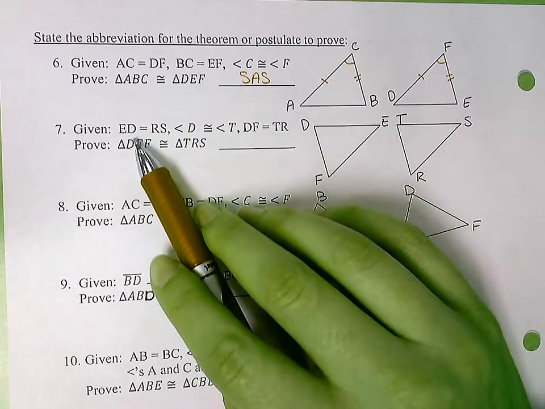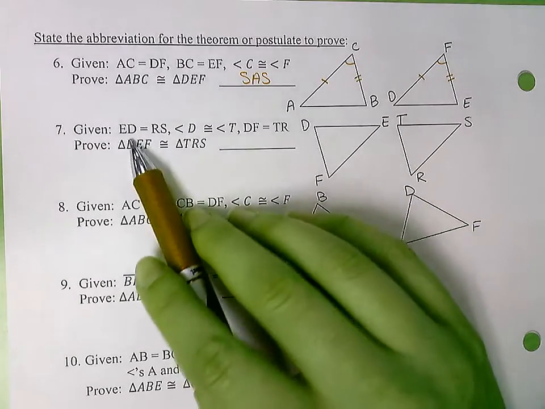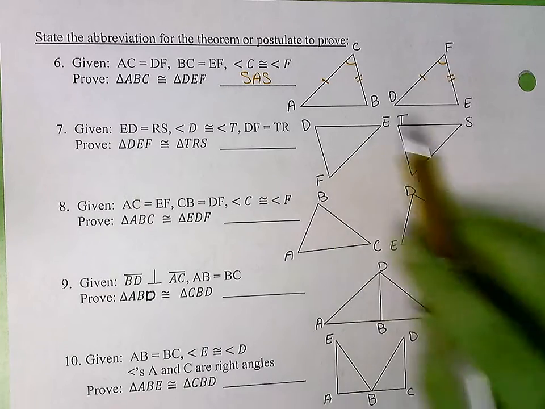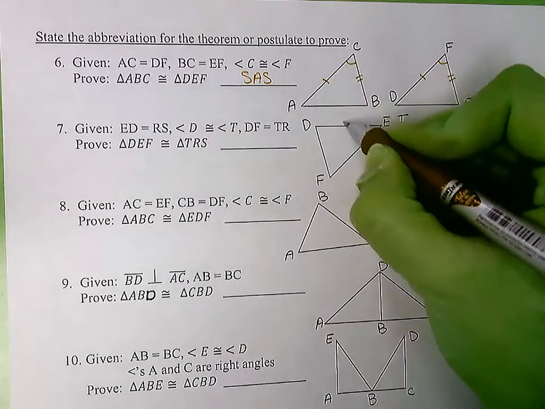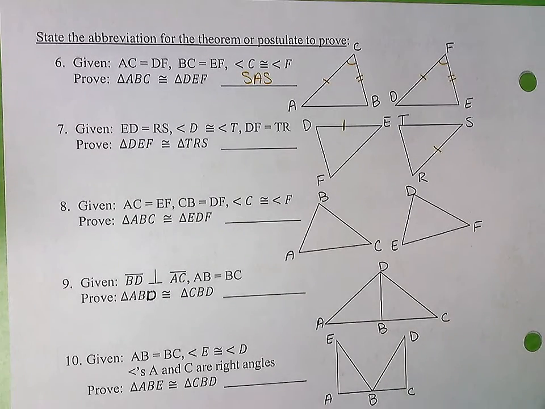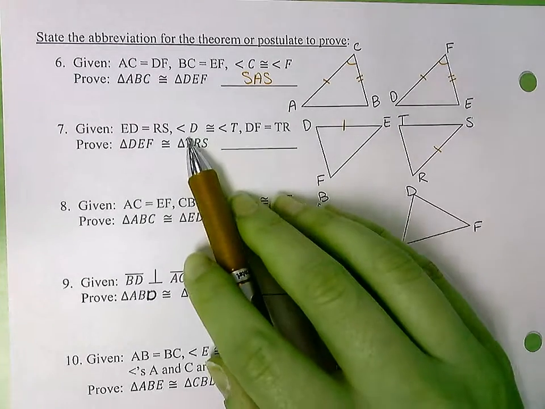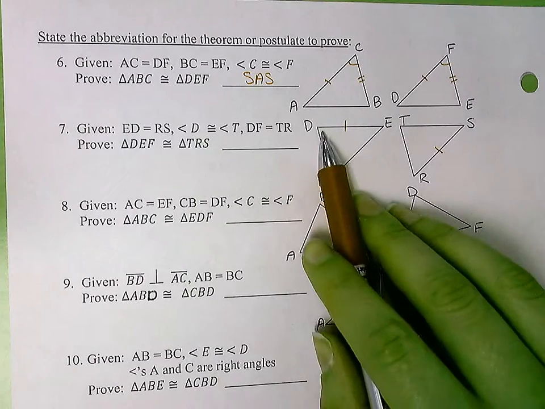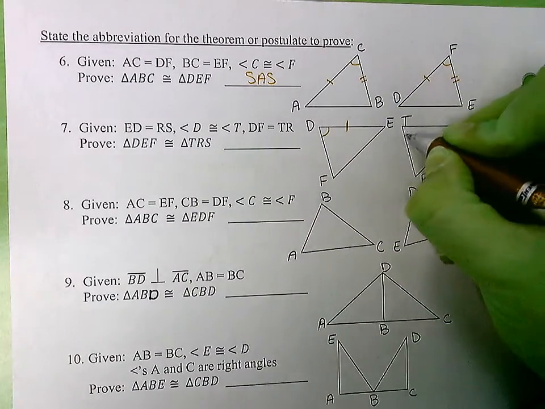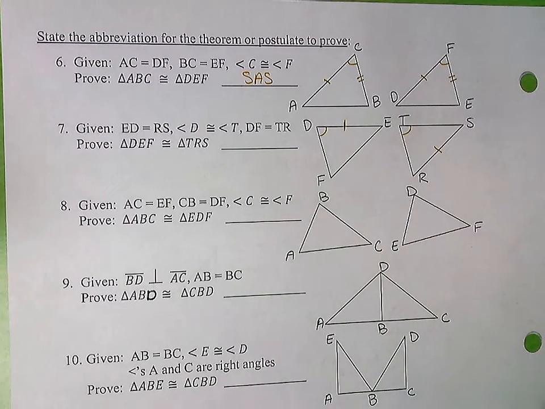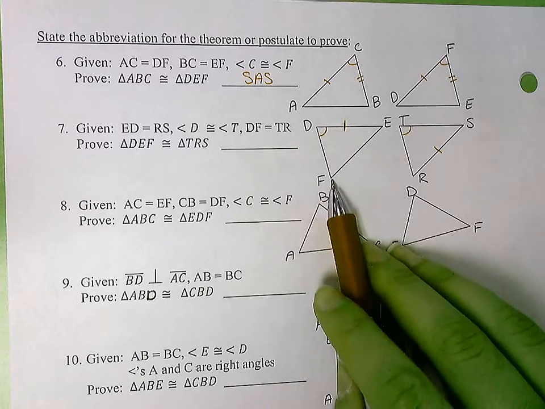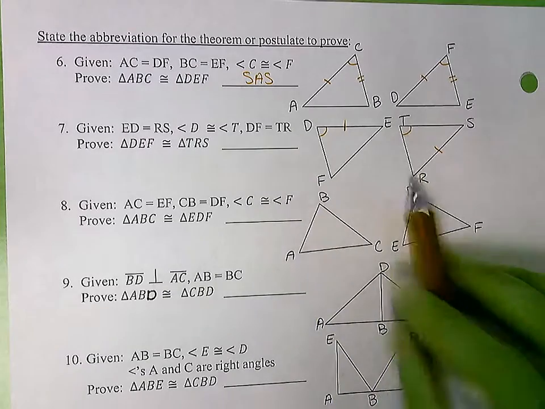Again, start with your given and label your picture. So we have ED is equal to RS. Okay, so this side and this side. We have angle D is congruent to angle T. And we have DF equal to TR.